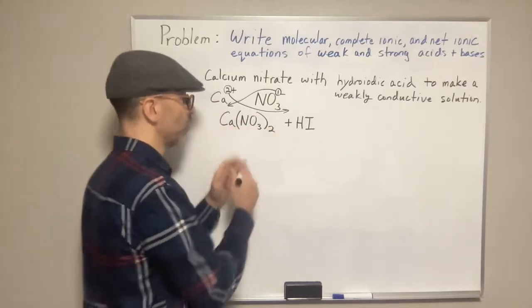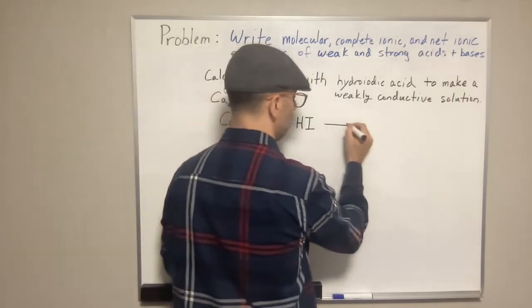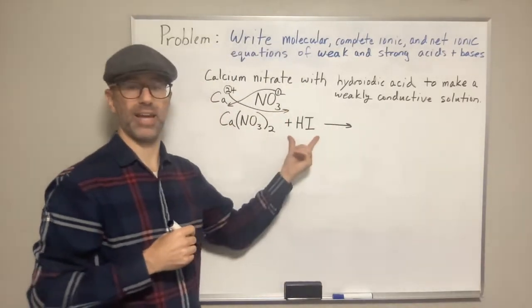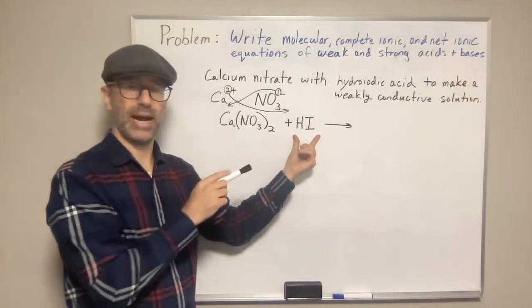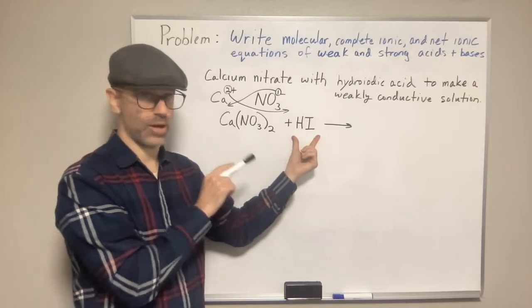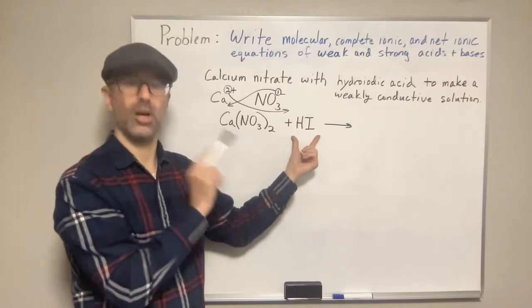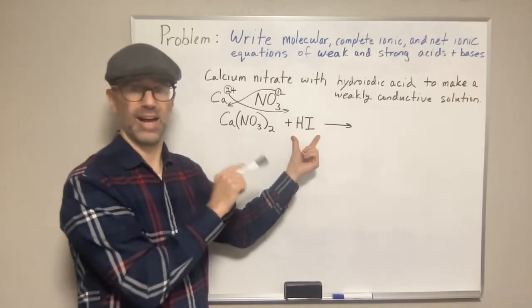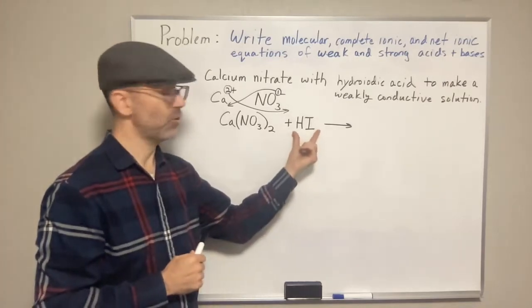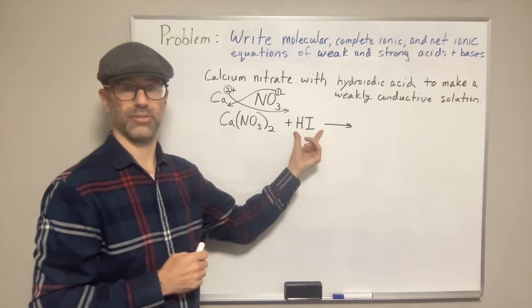All right, so how do we figure out our products? We have an ionic substance here and we have an acid. Now, the thing about acids is that they are molecular substances. They're not ionic substances. However, when you put them in water, they will ionize, right? So they will become ions, especially your strong acids.